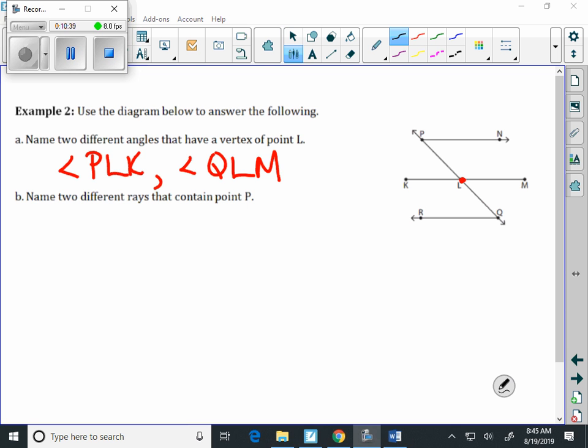We can also have P, L with an arrow on top of it. That indicates that we're working with a ray.